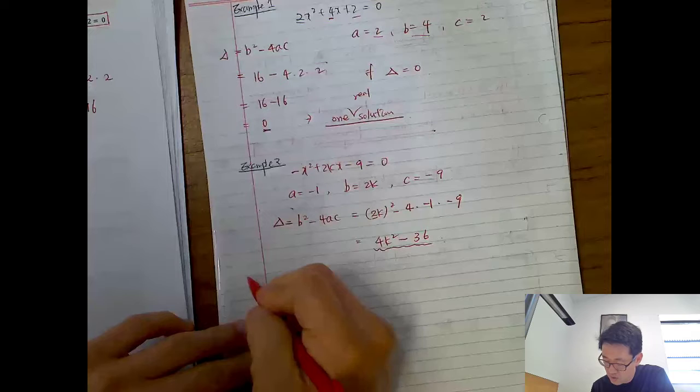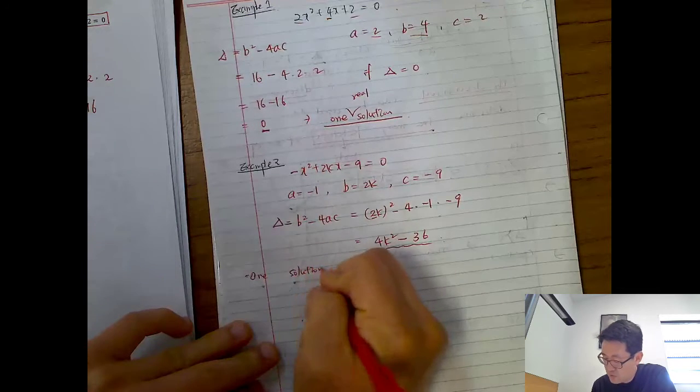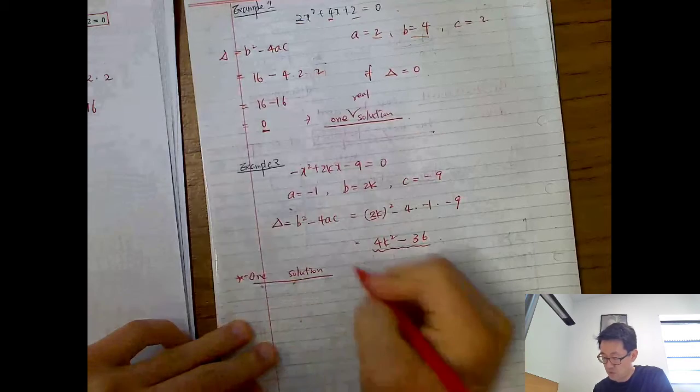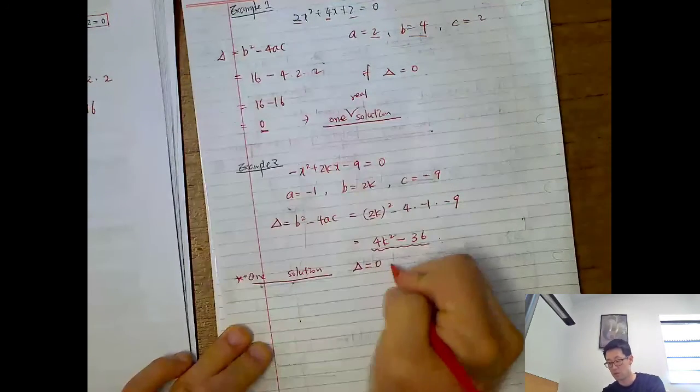And you need to get, I usually do one solution first. Let's get the one solution first. One solution means the discriminant equals 0, isn't it?